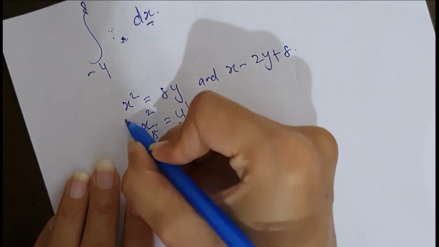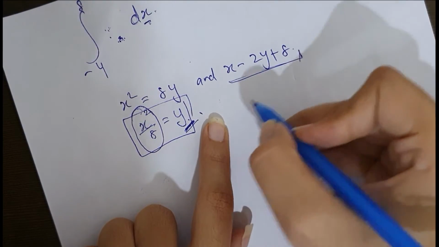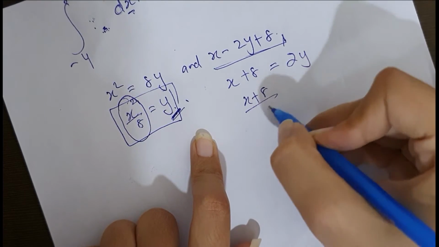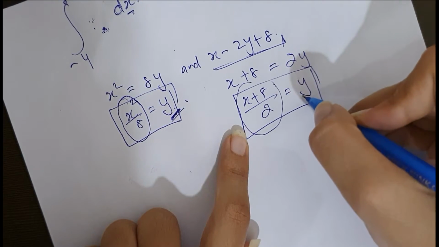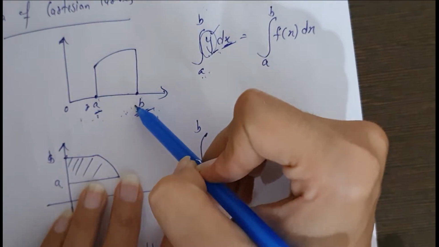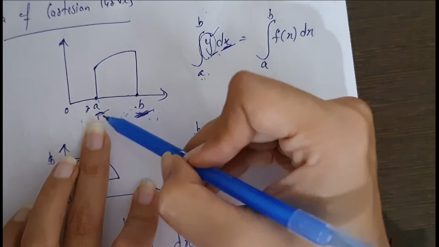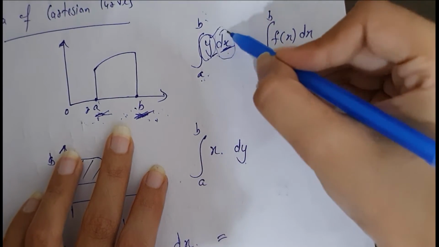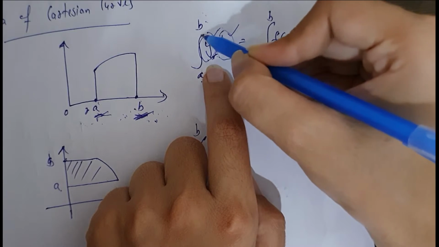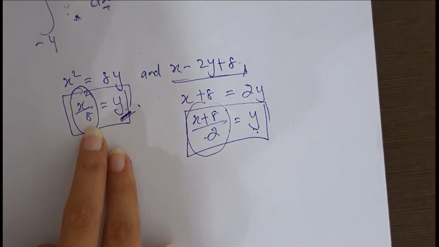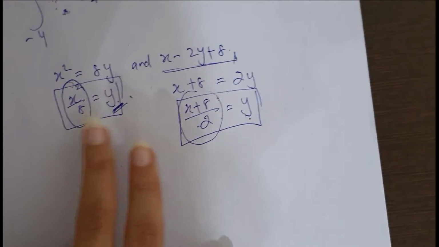If the curve lies on the x-axis, then we integrate from a to b on the x-axis, with respect to x. So we find the value of y so that we can get a function of x. Here we found the value of y to get a function of x.